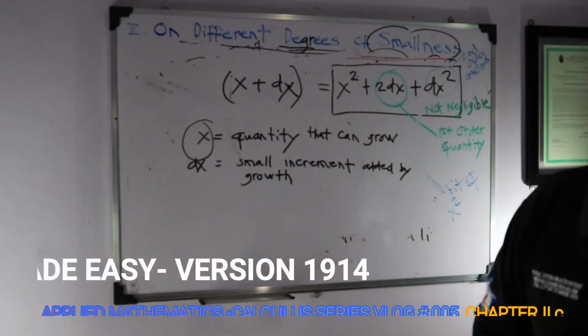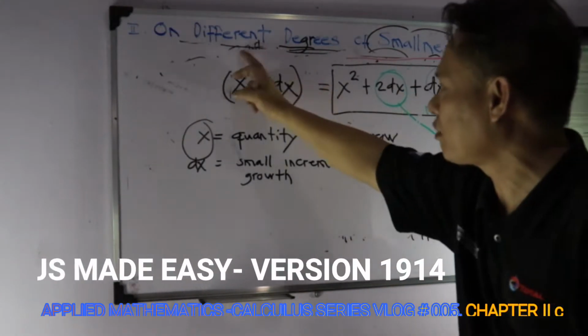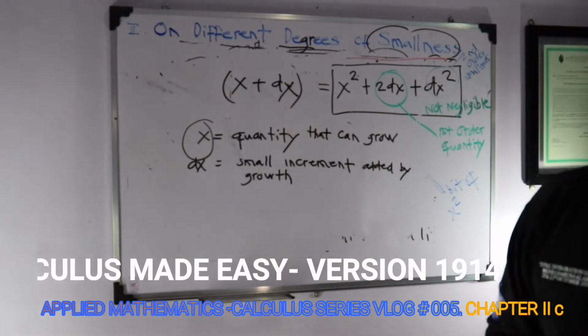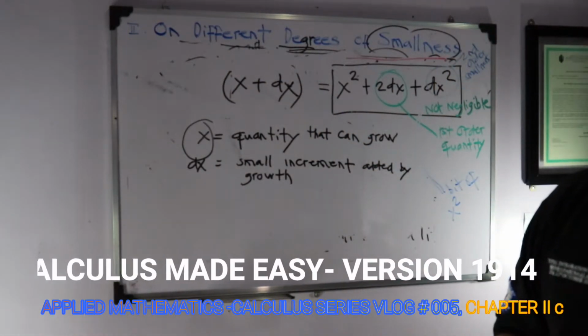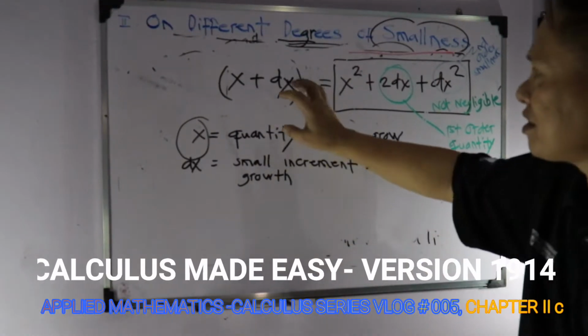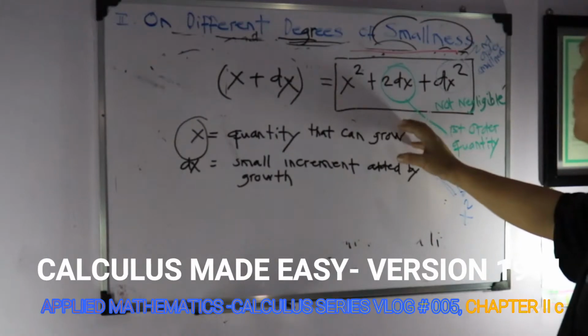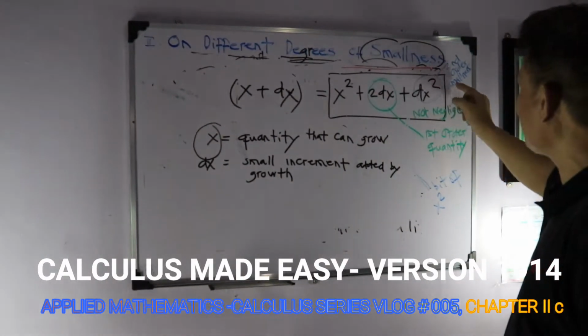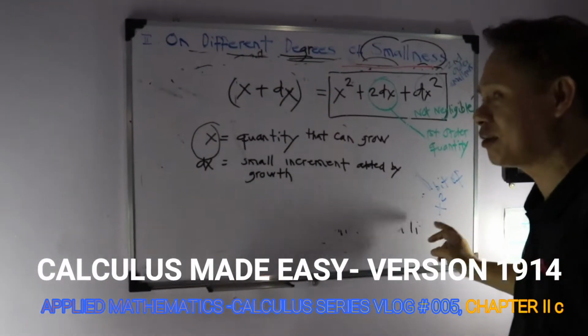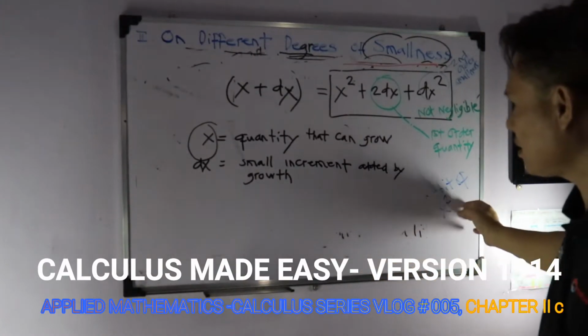It is not negligible because it is the result of the expression we are subjecting to differentiation. So it's not negligible, and this is what we are certain of. So dx squared is second order smallness. This is a little bit of x squared, this one here.